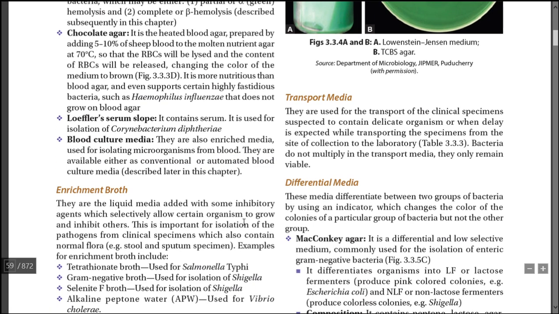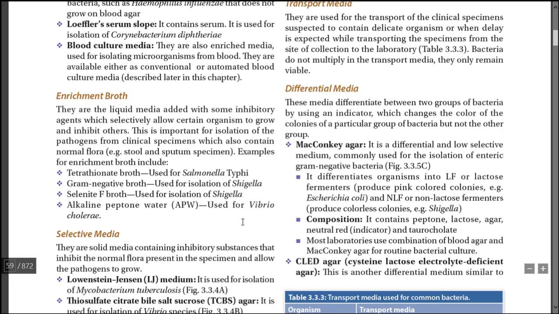Next, enrichment broth. These are liquid media with some inhibitory agents that will allow selective organisms to grow and inhibit others. Their importance is to isolate pathogens from clinical specimens which also contain normal flora, for example stool and sputum specimens.